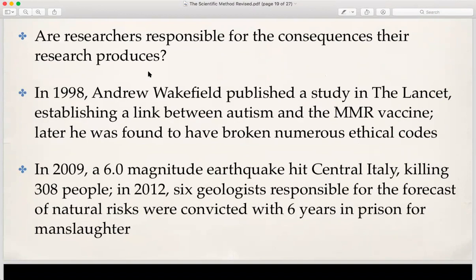And it was later found that he had broken numerous codes of ethics. He had made up a bunch of his data. He had lied, just flat out lied about a lot of stuff. And his paper was eventually, I think, removed from the actual journal, but it was too late. And to this day, people still talk about the link between autism and vaccines, and people don't vaccinate their kids. I think it's actually more rare in India.